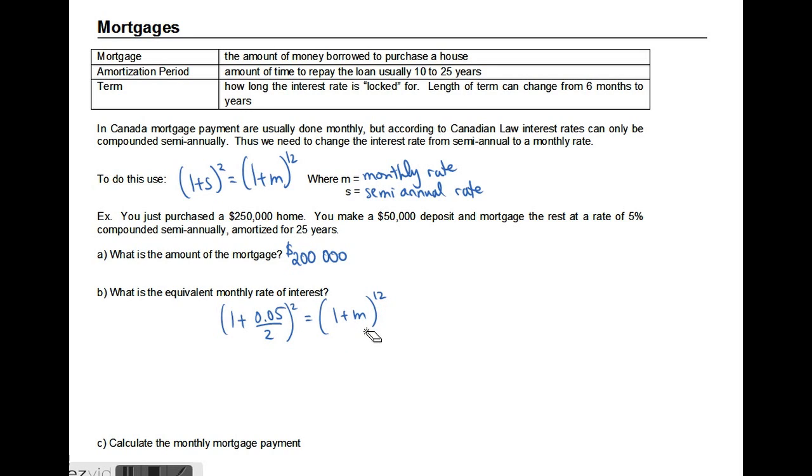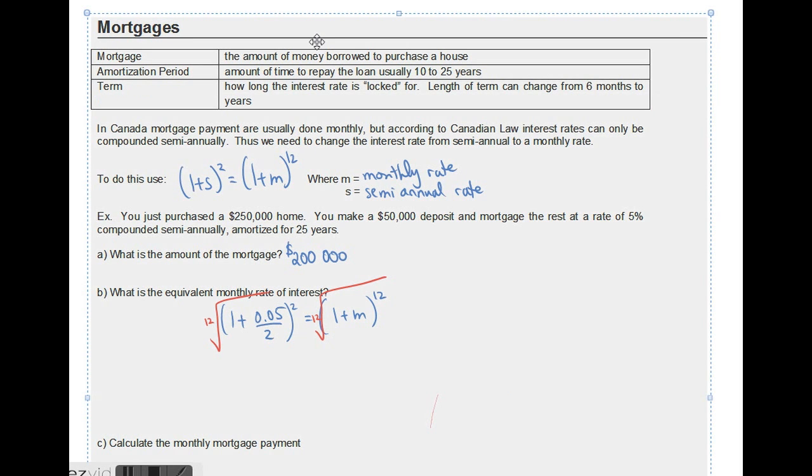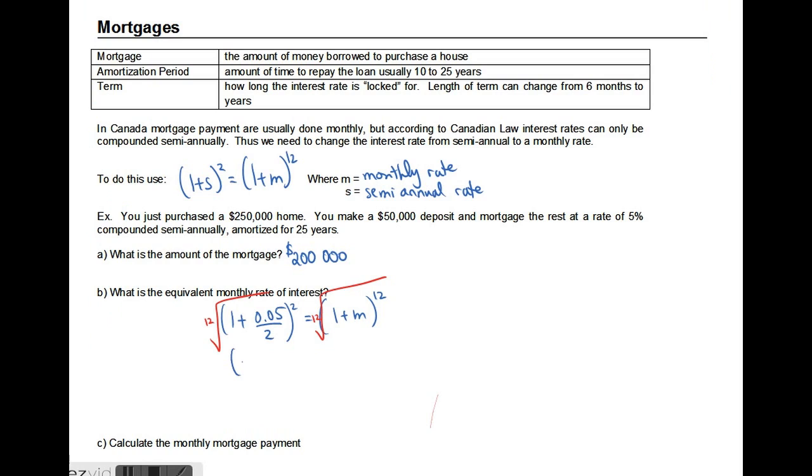In order to get m by itself, we get rid of the power of 12 by taking the 12th root of both sides. So this becomes 1 plus 0.05 over 2, to the power of 1/6, equal to 1 plus m.